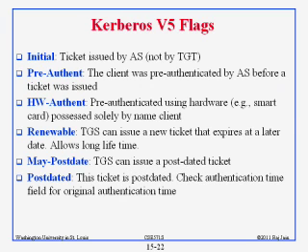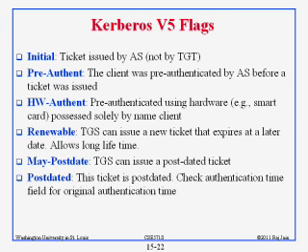So initial. This is a ticket issued by AS. That flag will be set, and in the previous description, it will generally be set only on that TGT, the ticket granting ticket, that is issued by AS.